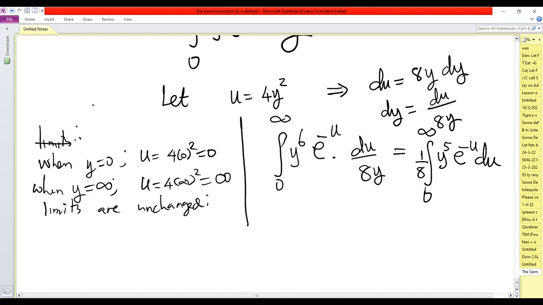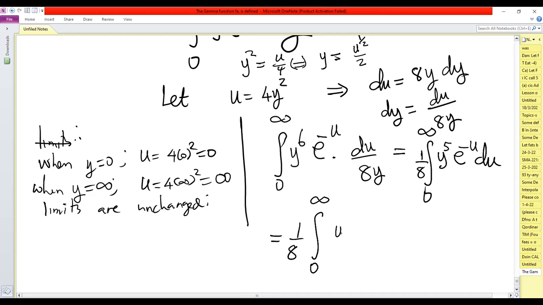But you see from here, you can always make y squared the subject, which will be given by u over 4, and then raising both sides to a half, y will be given by u raised power half over 2. So I will have this as 1 over 8 integral from 0 to infinity of u power half over 2, everything raised power 5, and then e raised power minus u du.